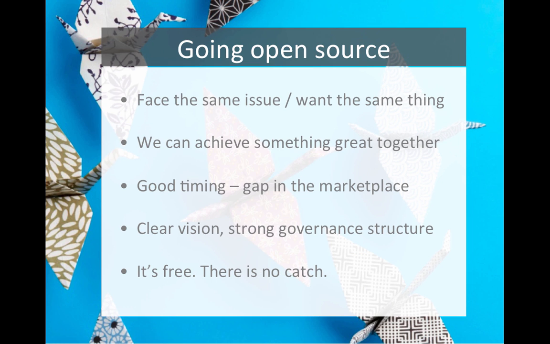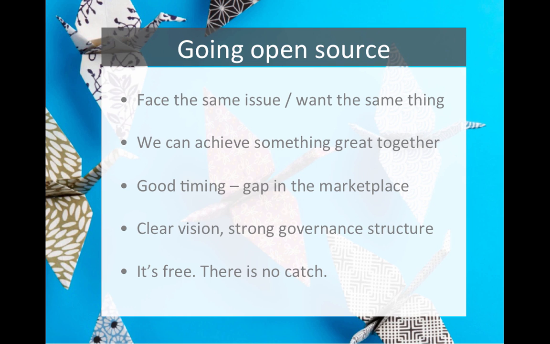As content producers, we all face the same issue and want the same thing. Many of us end up having similar frameworks across the industry, and ultimately we could say we don't really differentiate on technology, but we differentiate on customer service. Yet we have the ability to achieve something great together.